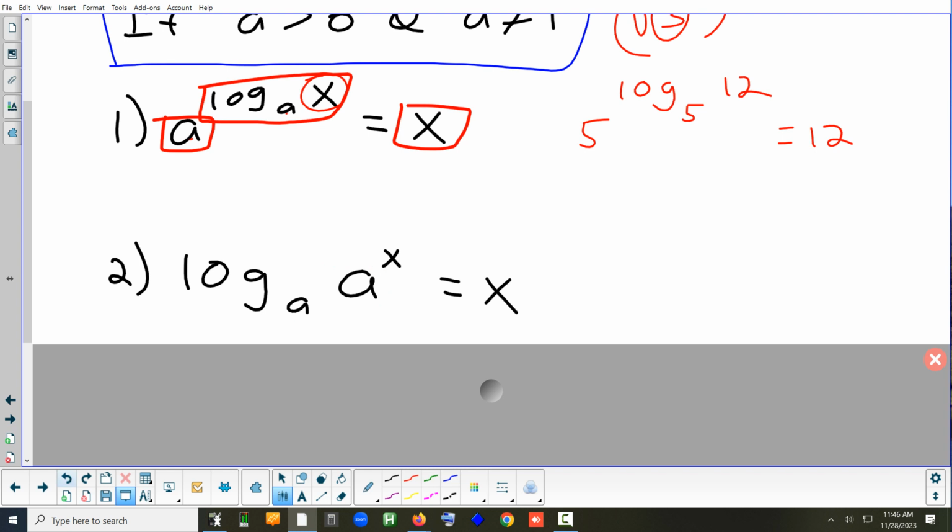So we could have something like log base 7 of 7 to the 13th power. What do you think the answer to that would be? 13. If these two numbers match, then that part cancels out, and the answer is whatever was what I just pointed to.